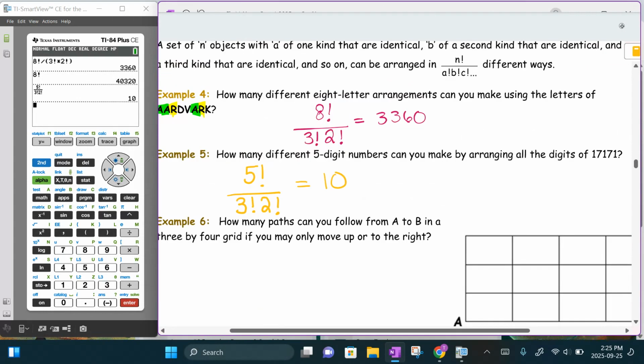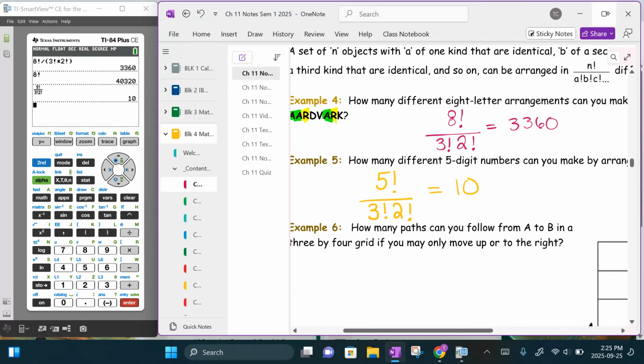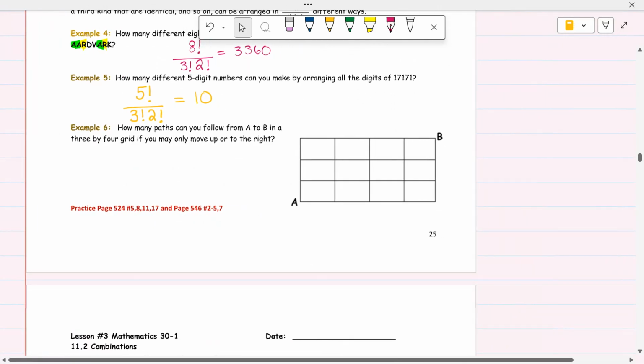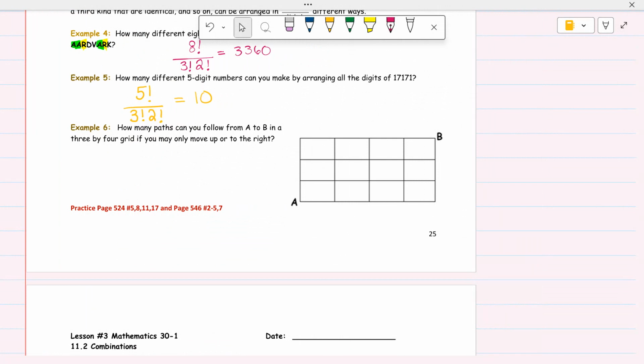All right, so the last one, a little bit funny looking but interesting, is if you have a grid and you have to go from one point along lines to the other corner. You can actually use this technique to do it.